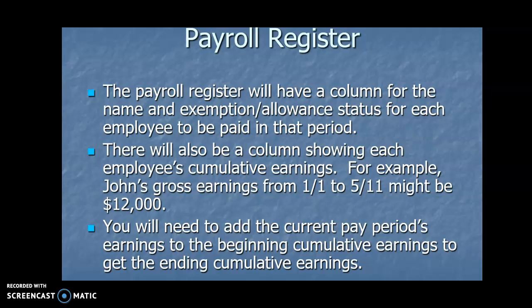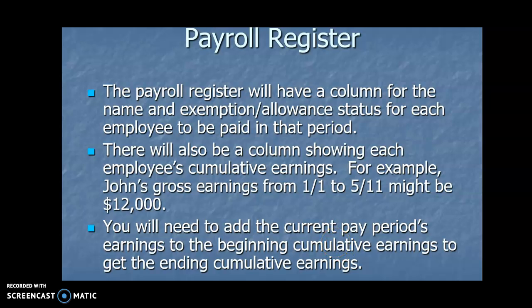The payroll register will have a column for the name and allowance status for each employee. There'll be a column showing each employee's cumulative earnings. These are the gross wages that person made from January 1st until just before this paycheck. And you'll need the current pay period's earnings that we just calculated.